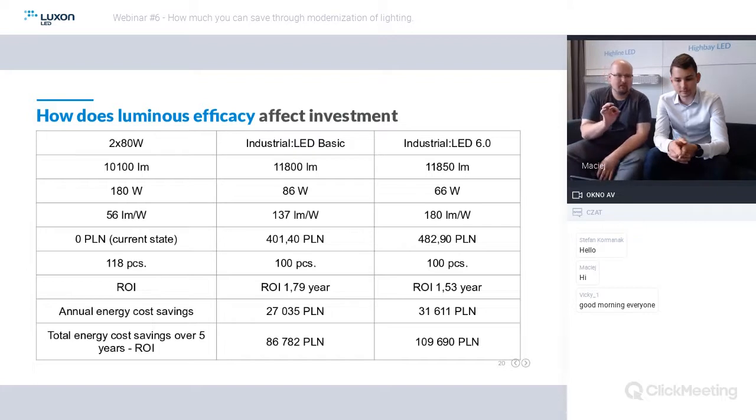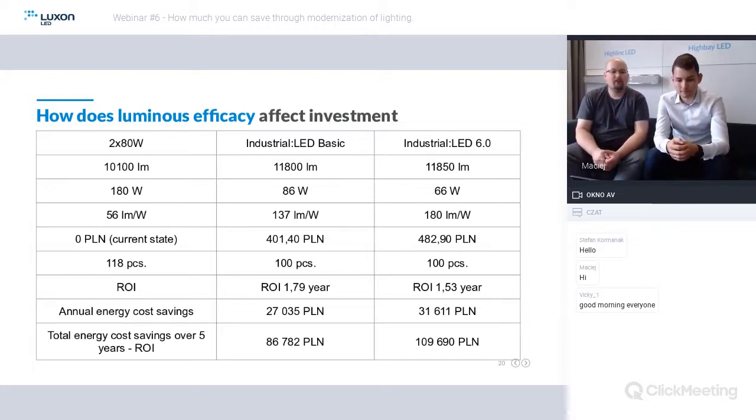There is the annual energy cost savings. So with this 137 lumen per watt luminaire, you save yearly 27,000 PLN on energy, or euro. You can replace that with euro, dollar, whatever you need.